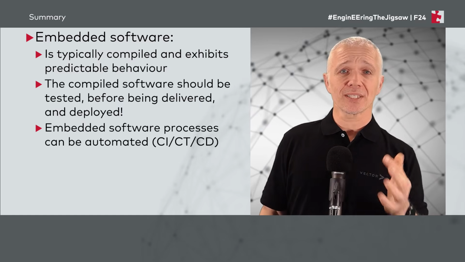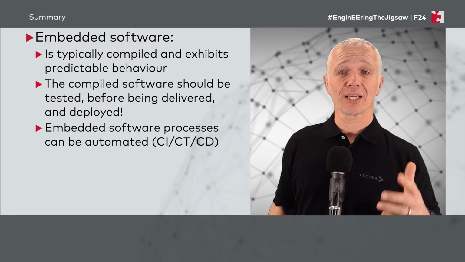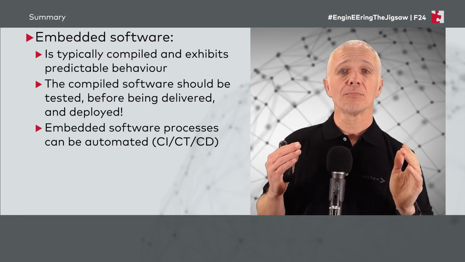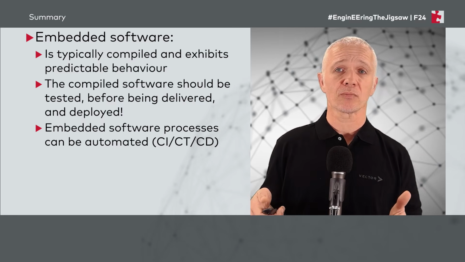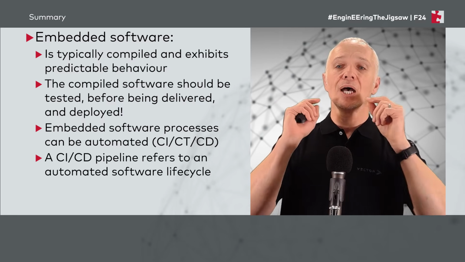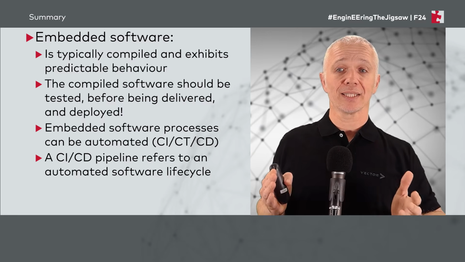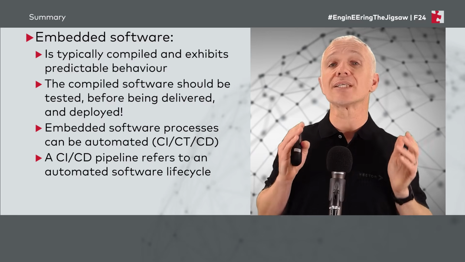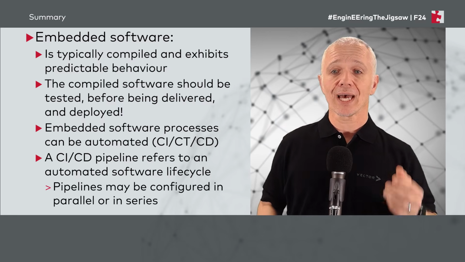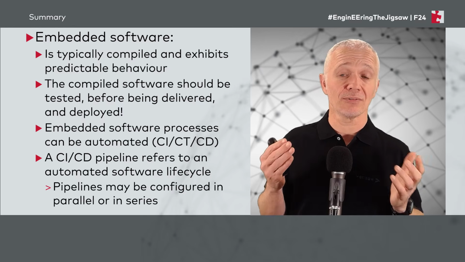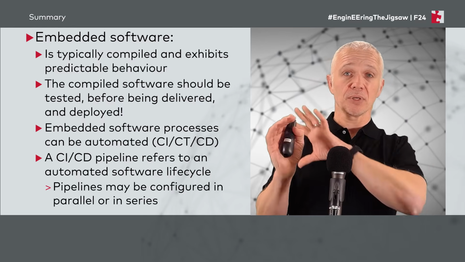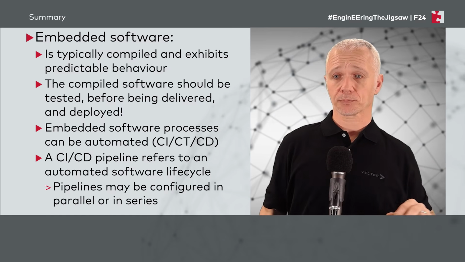Embedded software processes can be automated, which allows us to have continuous integration, potentially achieve continuous testing, continuous delivery, continuous deployment. Remember the 2 CDs as well. CI/CD pipeline then refers to an automated software lifecycle, and pipelines may be configured to run in parallel and in series in a particular organization.